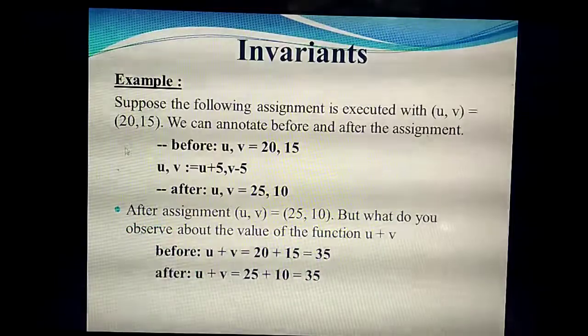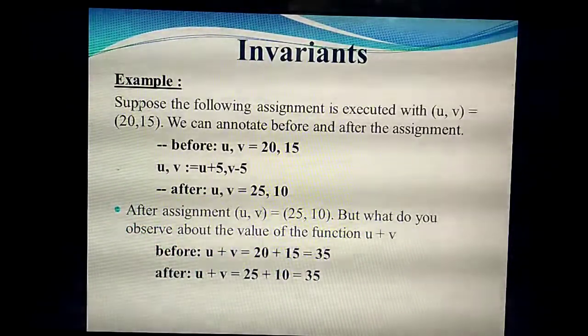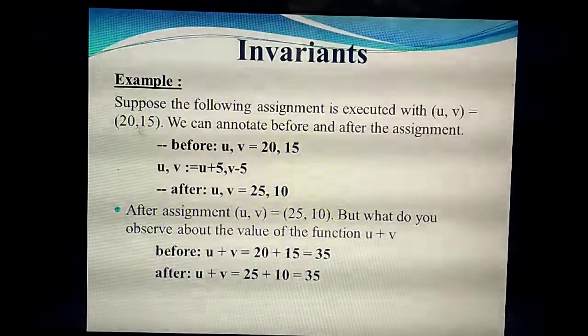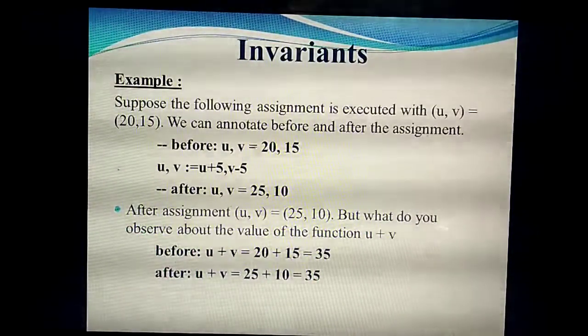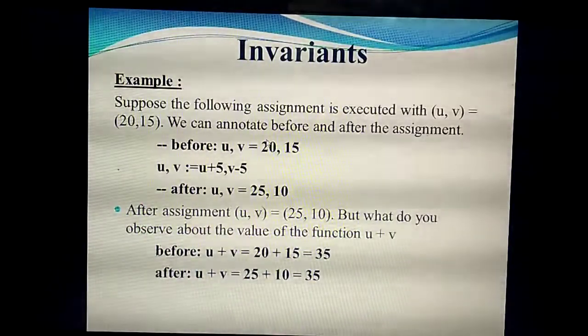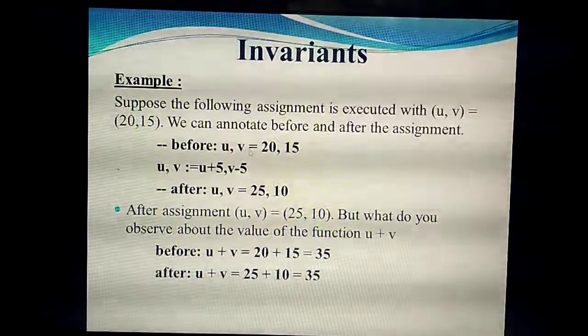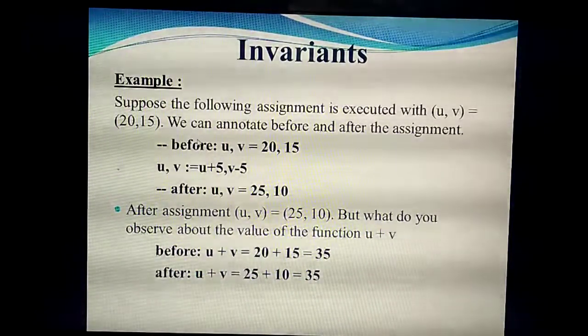Before means the values given in the question, that you need to write. Before u comma v, what's the value of u comma v here? 20, 15. So before u comma v equal to 20, 15.